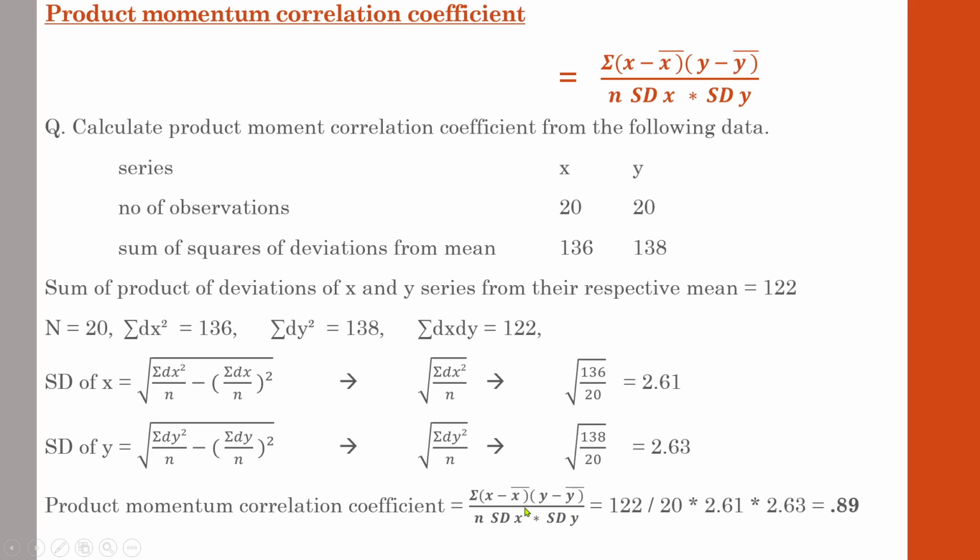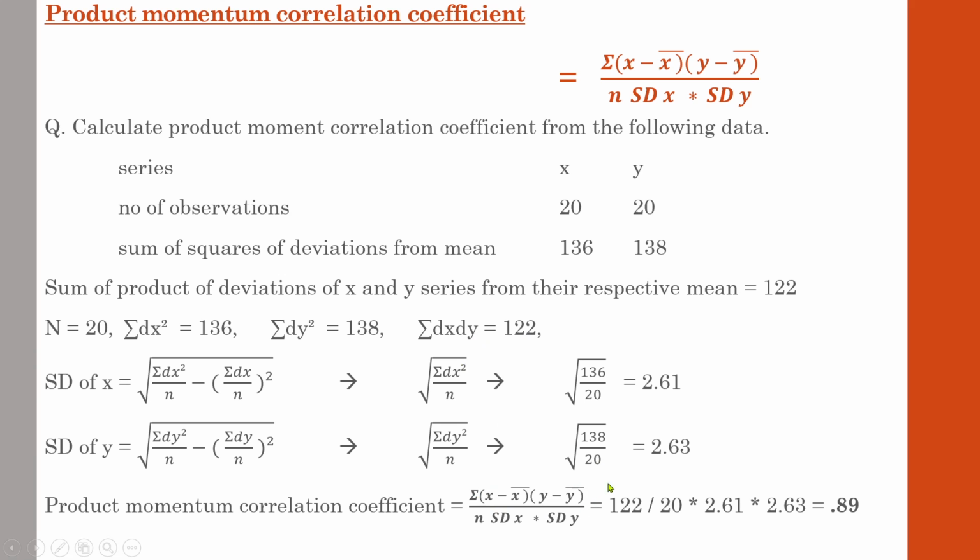X minus mean means dx, and y minus mean means dy, so it can be written as sigma dx into dy. You need to familiarize all these factors, then only you can go on with the simple problems. Otherwise you will get confused. So the numerator is simply sigma dx dy.